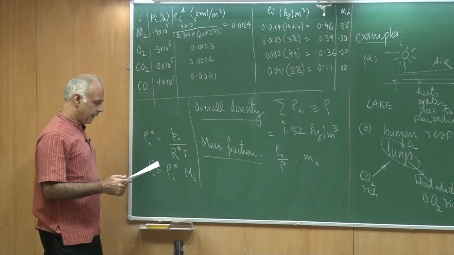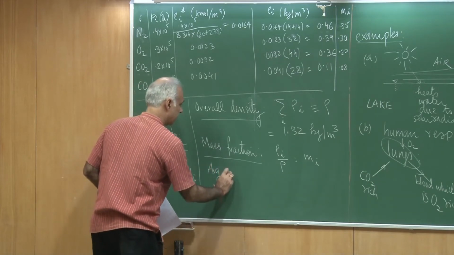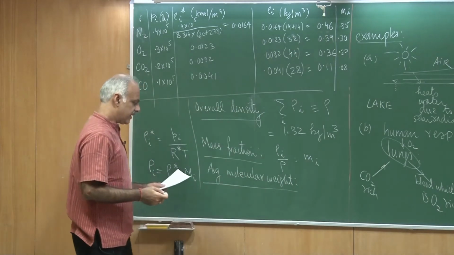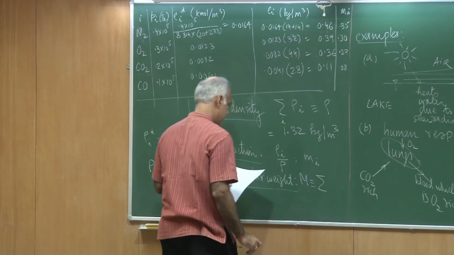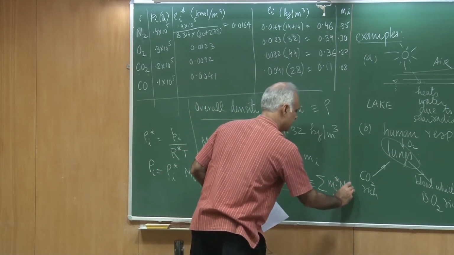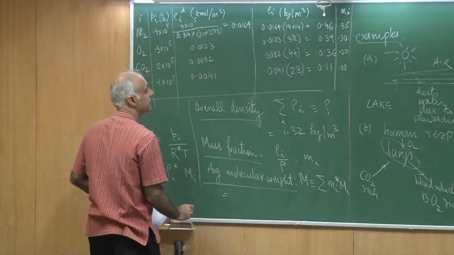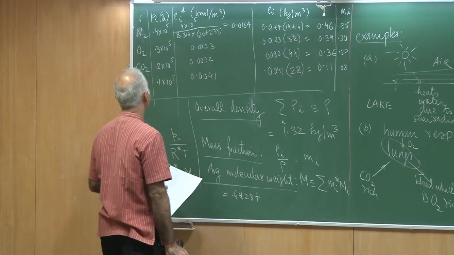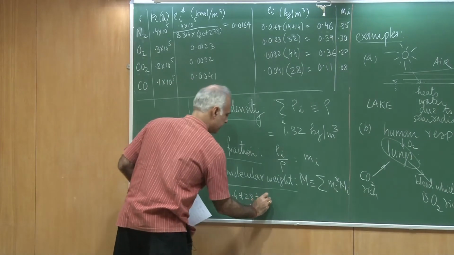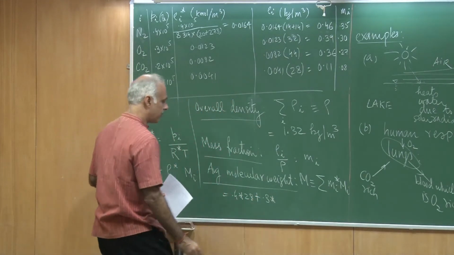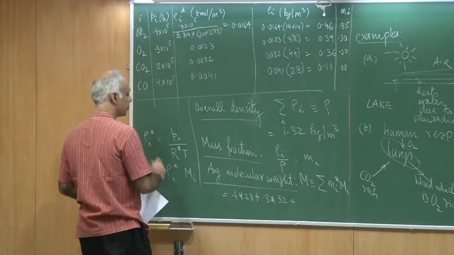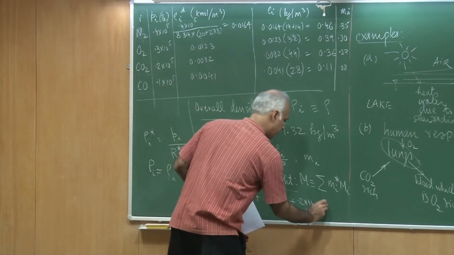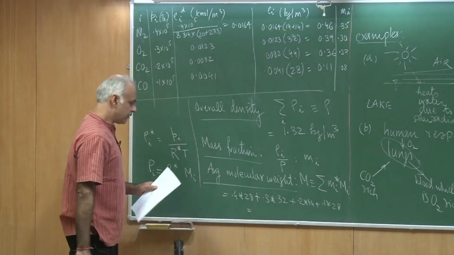The molar fractions. We can now calculate the average molecular weight of this mixture, and that would be given as M and summation of Mi star times Mi, and this of course would be 0.4 times 28, that's your nitrogen, and for oxygen it would be 0.3 times the molecular weight of oxygen, that's 32, plus CO2, so that's 0.2 times 44, plus for carbon monoxide which is 28, so 0.1 times 28, and this number would turn out to be 32.4.